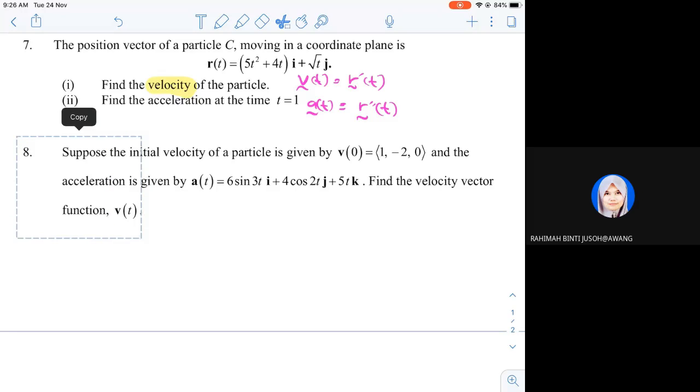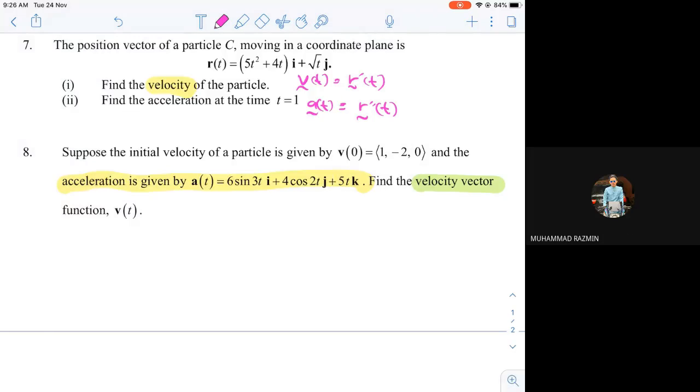All right, let us do question number 8. Question number 8 also looks simple. Wait a moment. This is the initial value problem. Okay, you are given acceleration. Okay, acceleration is already given. And the question asks you to find the velocity, guys. So what you should do? Integrate. Yes, okay. In order to find the velocity, okay, very good.